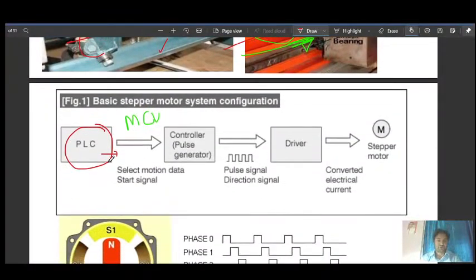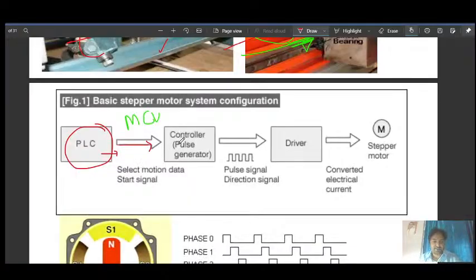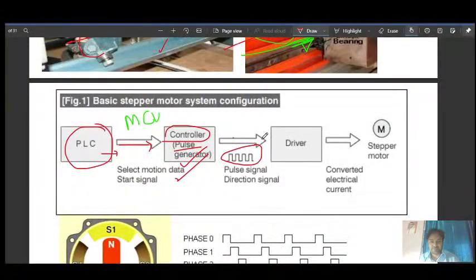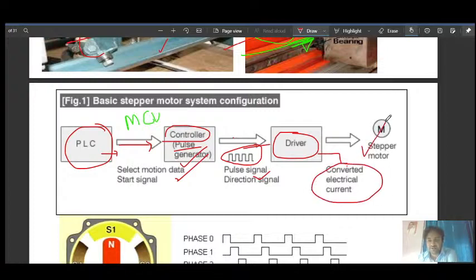The PLC generates the signal, and based on that the controller generates pulses. The pulse signal goes to the driver, and then the driver converts this pulse signal to electrical current, and then the electrical current drives the rotor of the stepper motor.